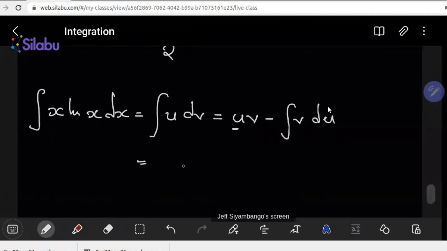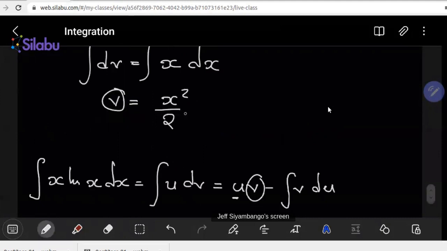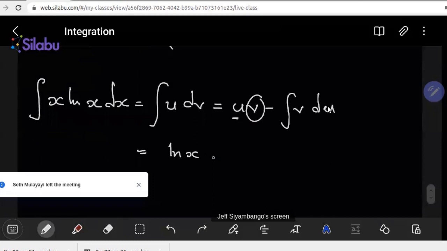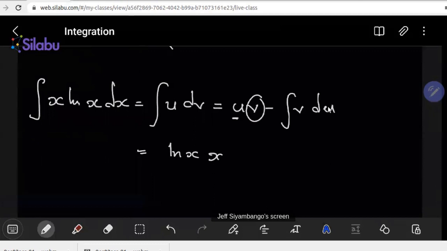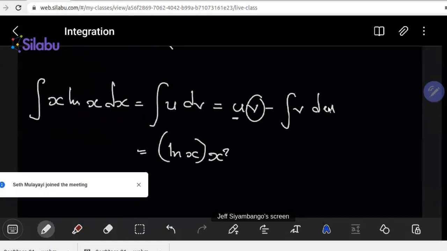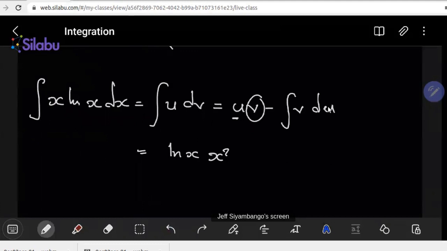So we're substituting our u. We picked u to be ln x. Then v, from the integral, ended up being x squared over 2. You really don't want to put x squared here. If you put x squared here, then the ln x has to be in brackets, because the fear is you will forget and end up multiplying these two here.